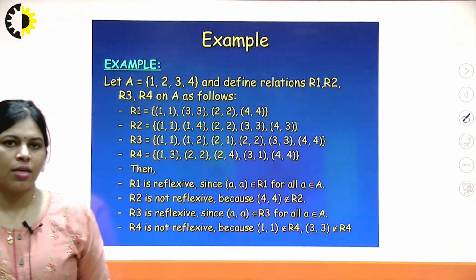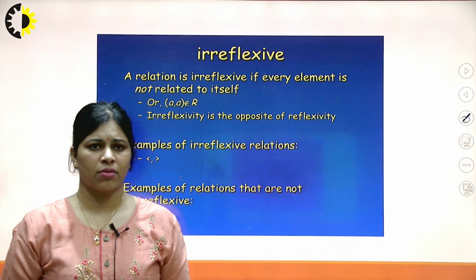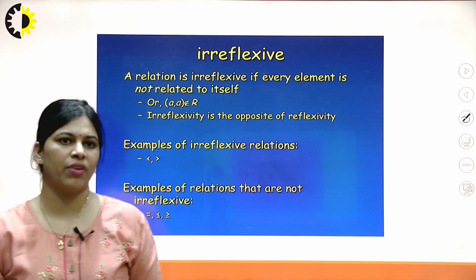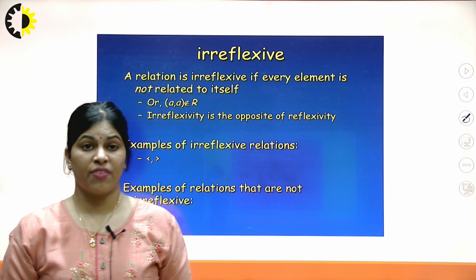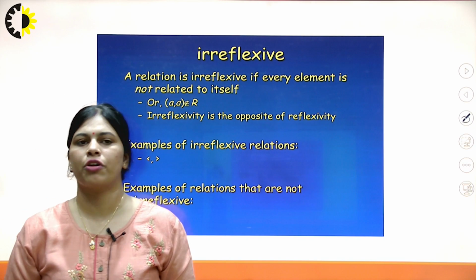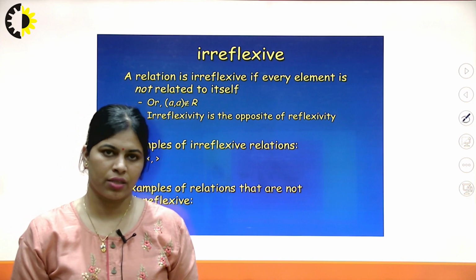Now consider another type of relation, which is called irreflexive relation. A relation is irreflexive if no element is related to itself, which is totally opposite of a reflexive relation.